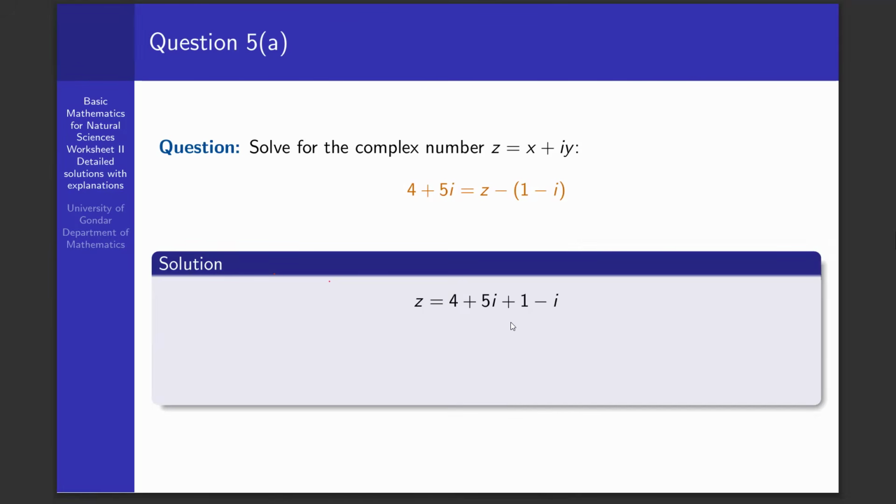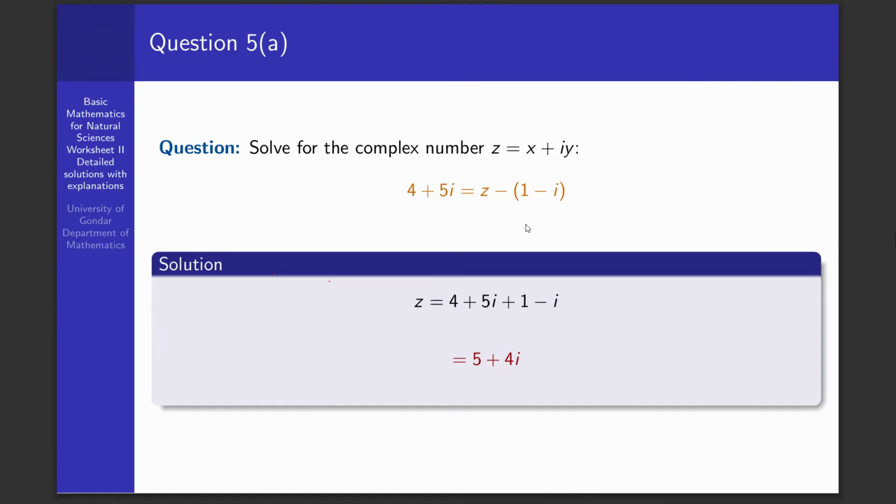So the sum of these two is 4 plus 1, the real part of the first plus the real part of the second, is 5. And the sum of the imaginary parts, 5i plus minus i, is 4i.